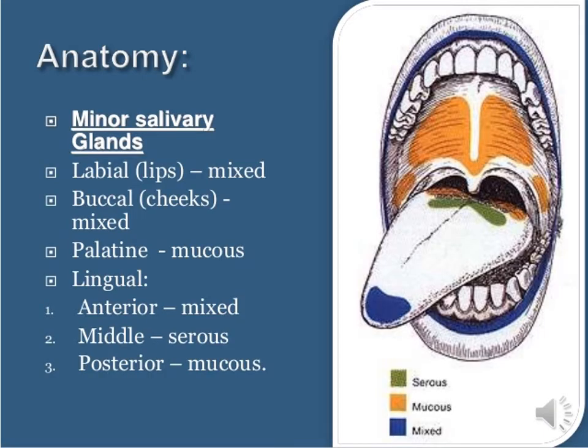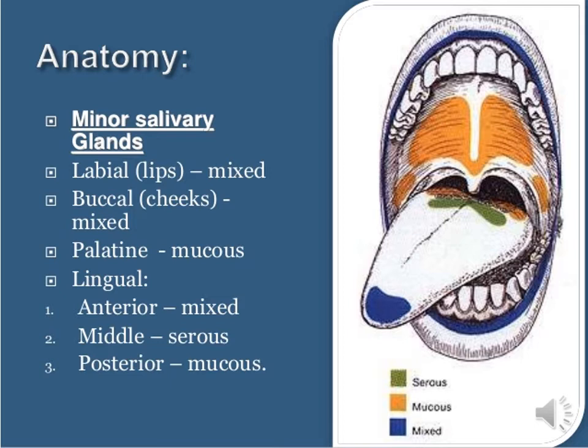Regarding the minor salivary glands by position: the labial glands are mixed, some serous and others mucous. The buccal glands in the cheek are mixed again. The palatal glands are mainly mucous.